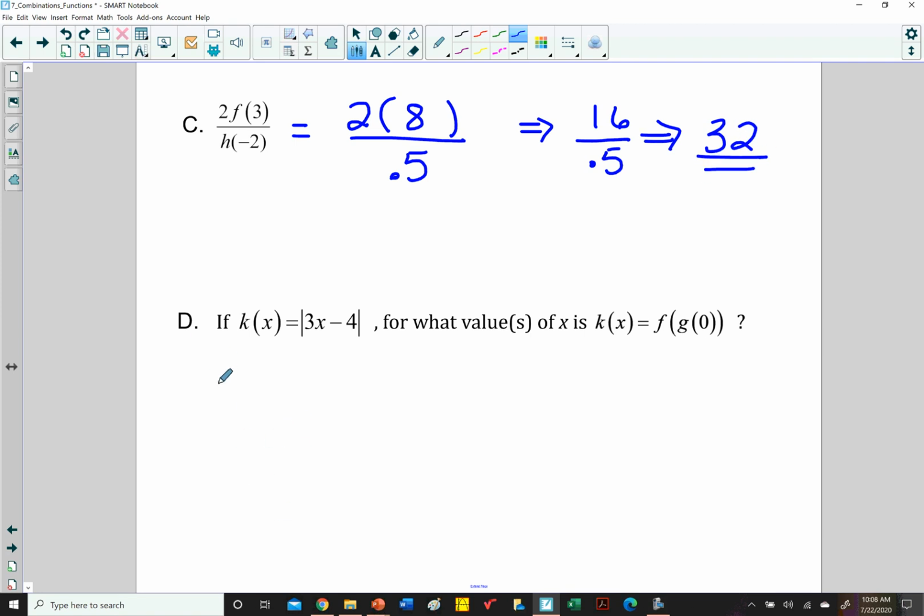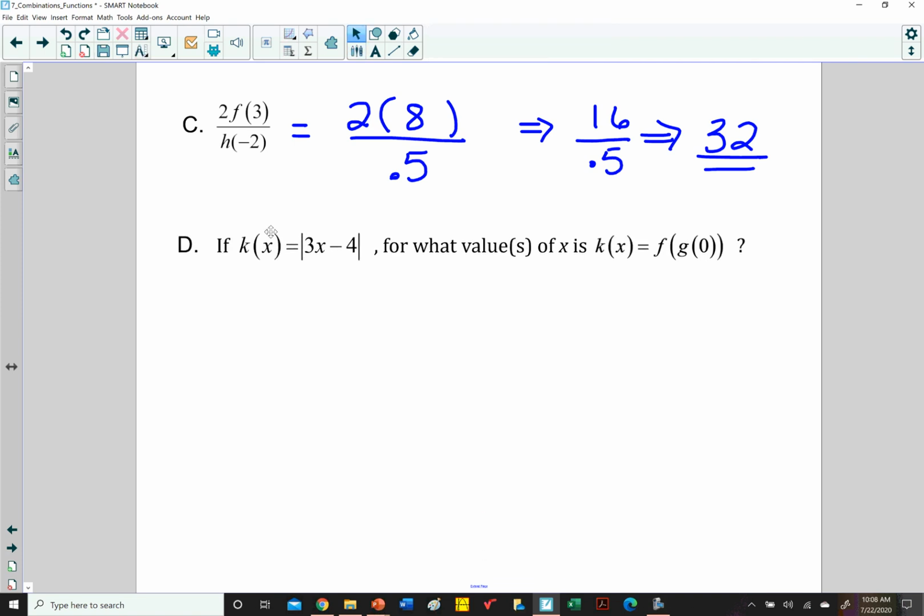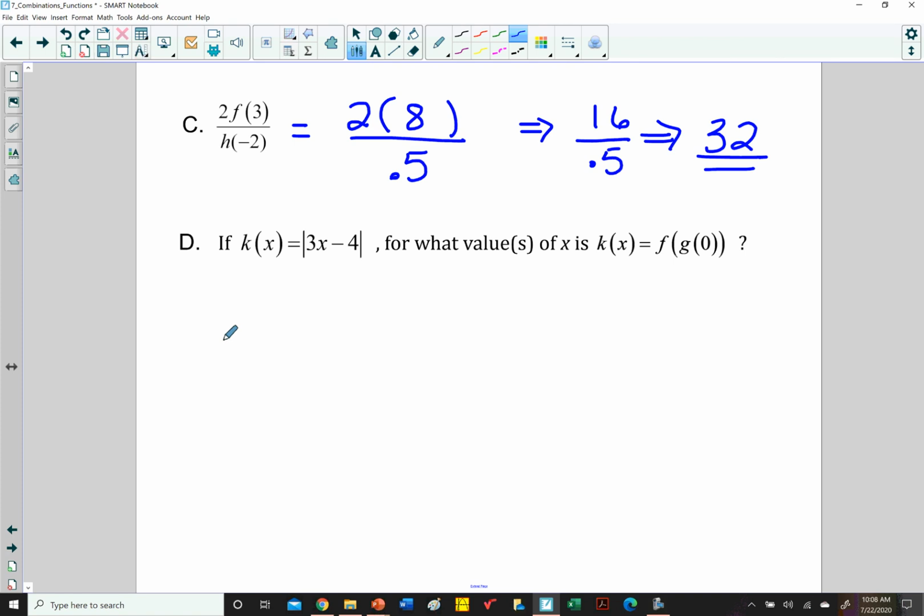Now here's a little challenging one. If k of x is the absolute value of 3x minus 4, for what values of x is k of x equal to the f of g of 0? So we need to figure out what the f of g of 0 is, because we want 3x minus 4 to be equal to it.